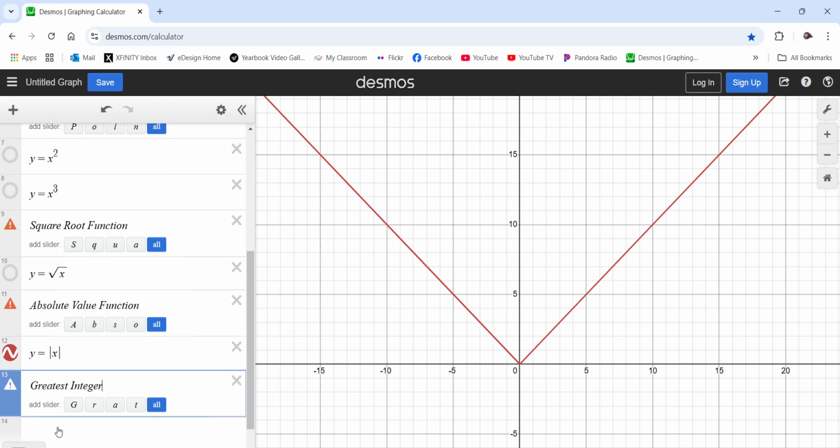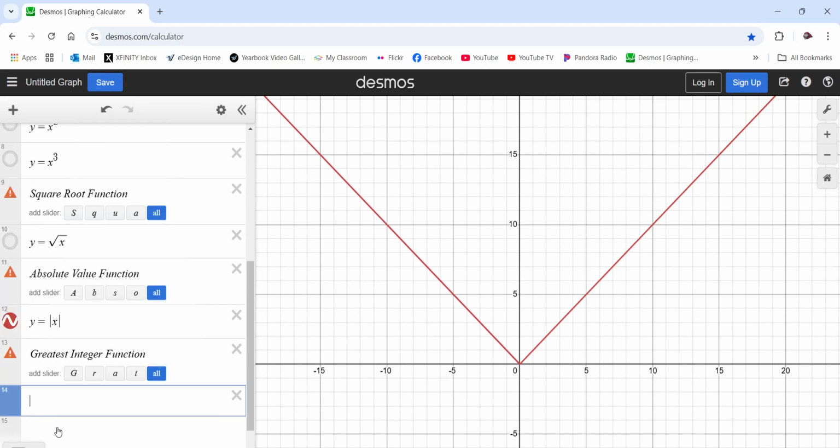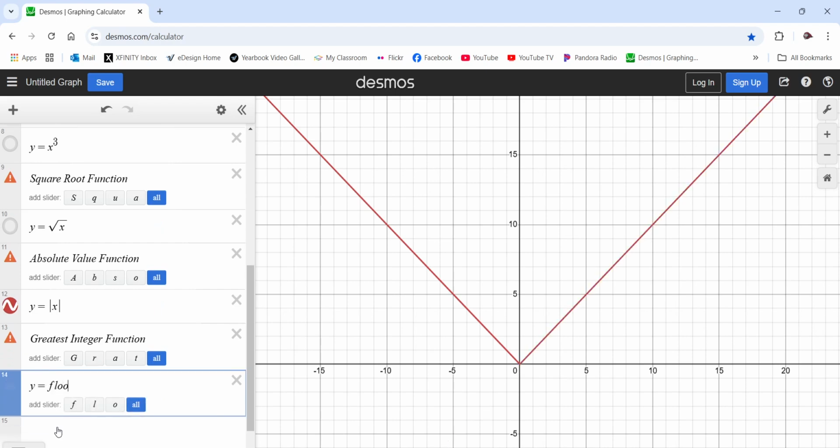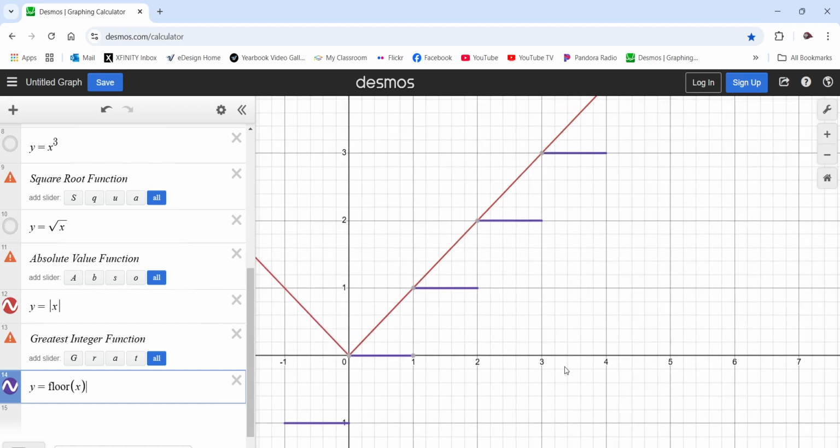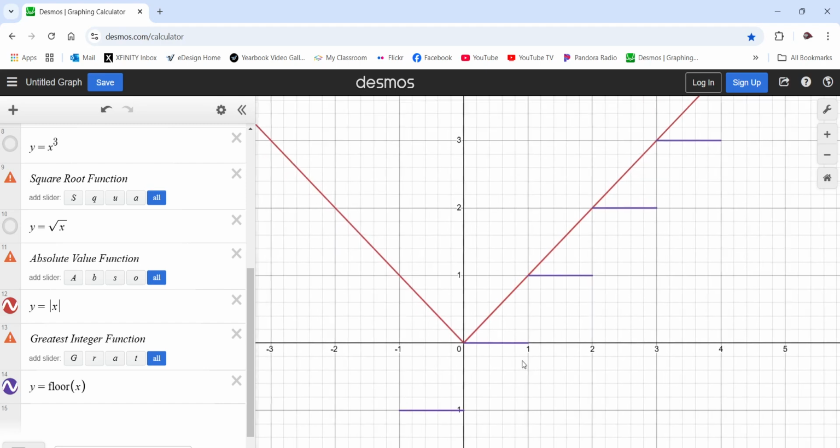And we can graph that. Again, I had to Google this. If you put floor and then parentheses x, check it out. Does that look familiar to you? Yeah. All right, so that's your greatest integer function, right?